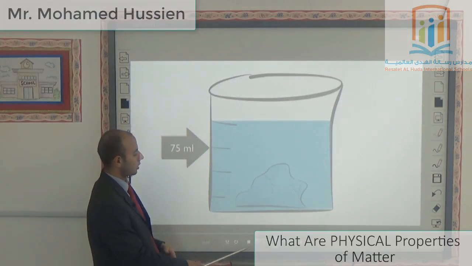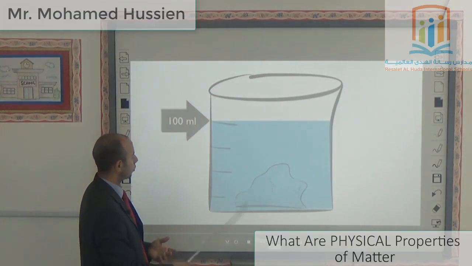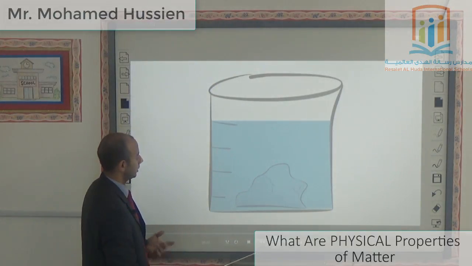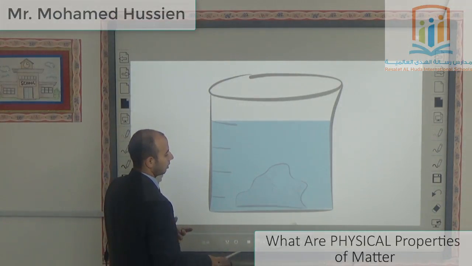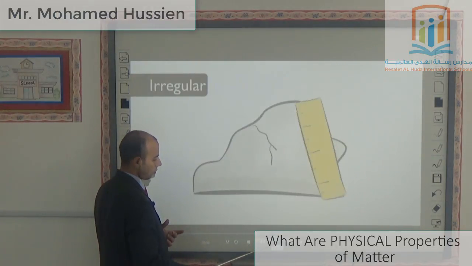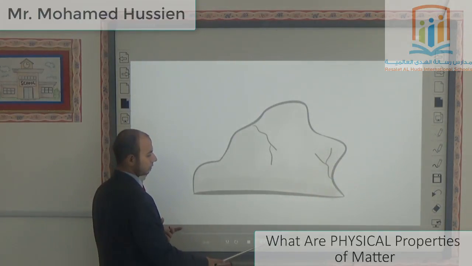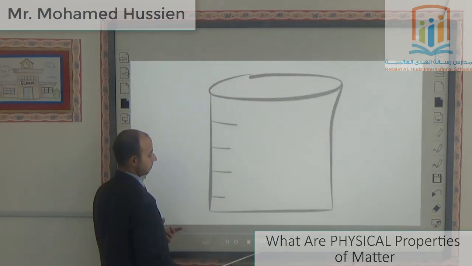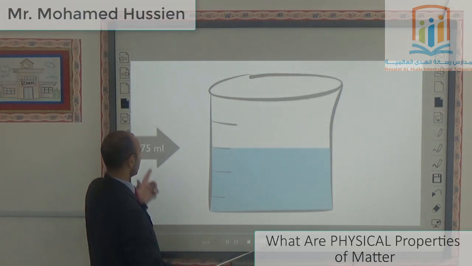For example, it reached 100 milli. So the volume before putting this object, which is water only, is 75, as we said. This is 75 milli for water only.